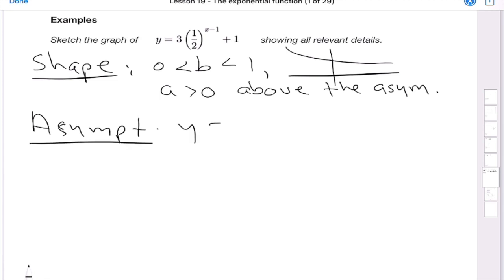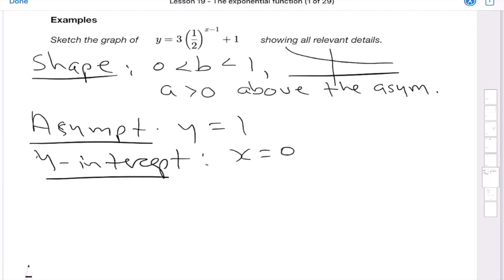The asymptote is given by y is equal to q. So in this case, y is equal to 1. And then the intercepts, let's find the y-intercept. For the y-intercept, we need x to be equal to 0. If you substitute x equal to 0 into that function, you should get y is equal to 7.